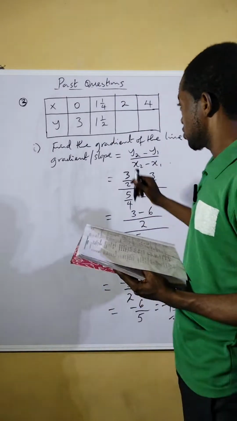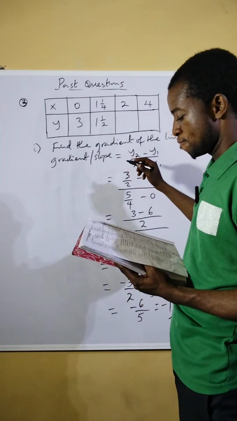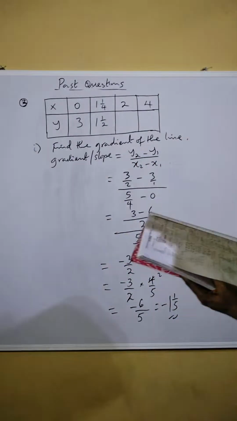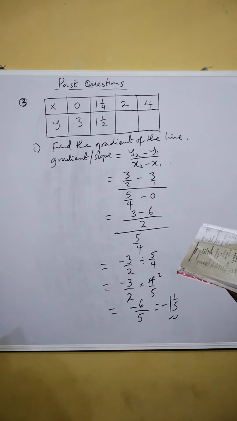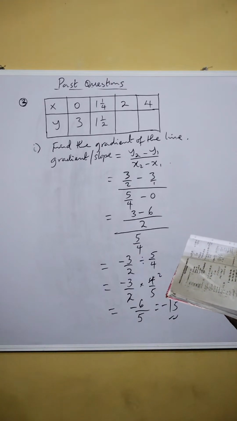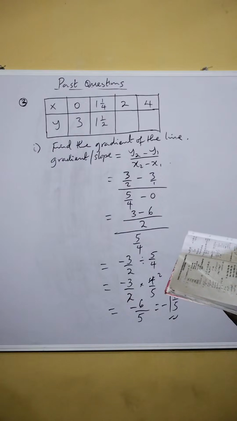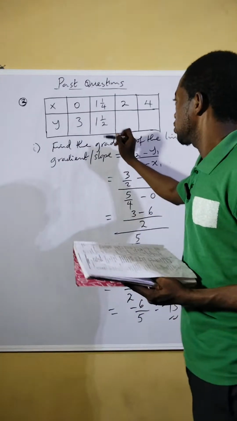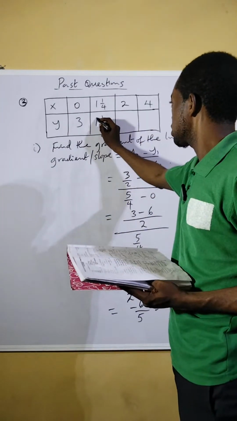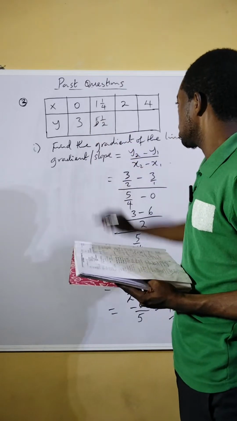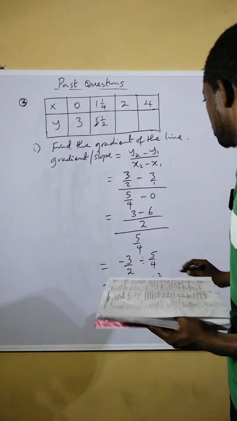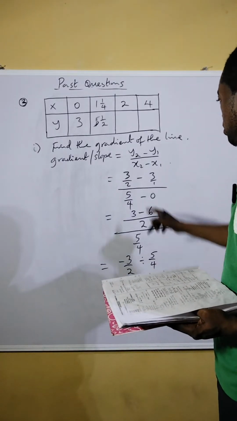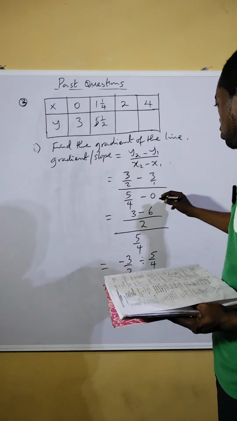So I'm using 5 and a half. If this is 5 and a half, that's y2, 5.5, so that will be 11 over 2. So y2 up here should be 11 over 2.